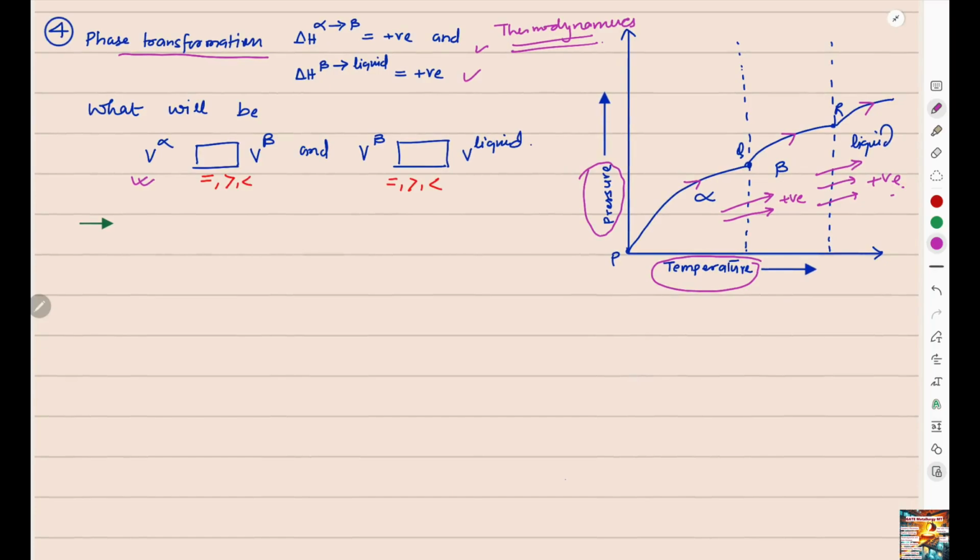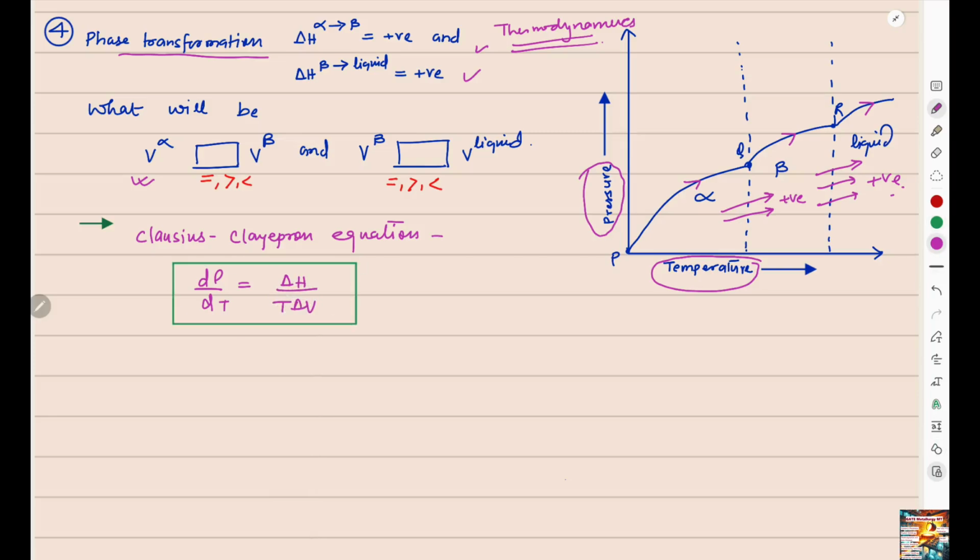So we know that according to the Clapeyron equation, dP by dT equals delta H by T delta V. In this relation, we can see that the graph is always increasing at each point. So when we draw a tangent to this graph, it will always be in the positive direction.